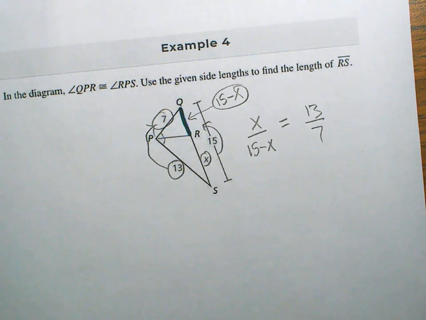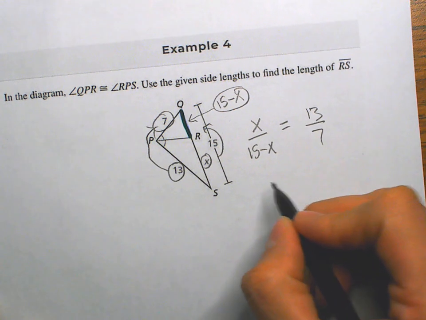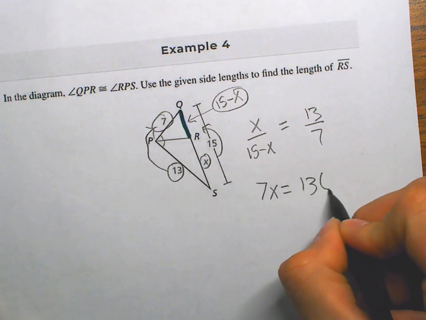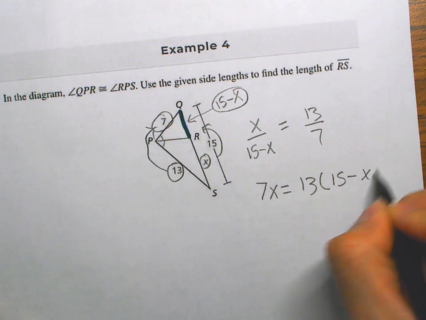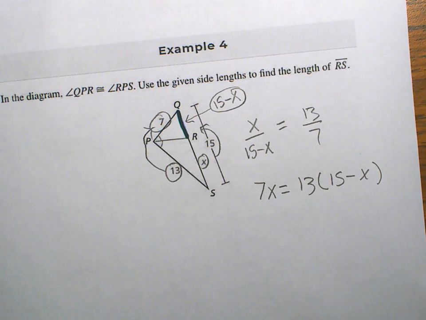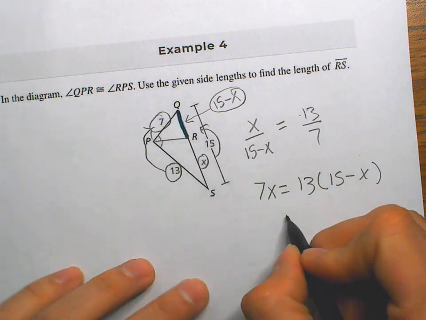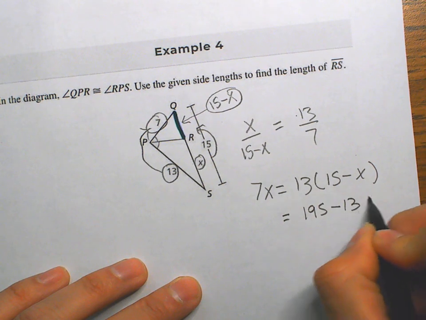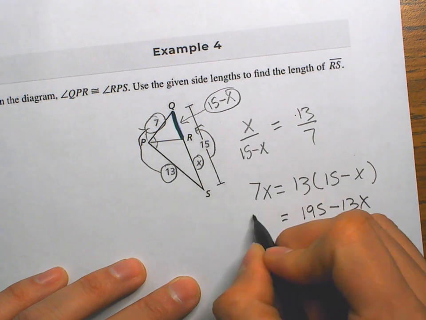Messy, but you know what? We can do this. Cross multiply. That's going to give me 7x equal to whatever 13 times 15 minus x is going to be. So let's go ahead and multiply 13 times 15. That's going to give me 195 minus 13x equals 7x.